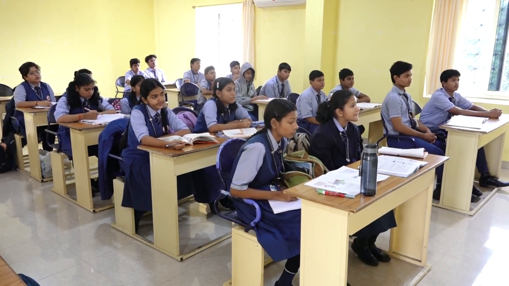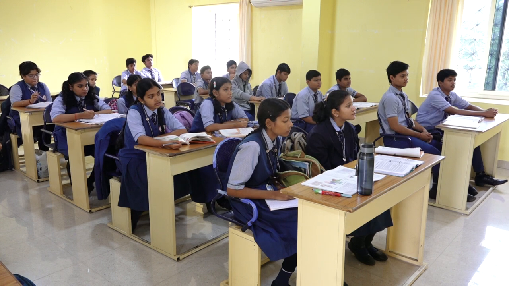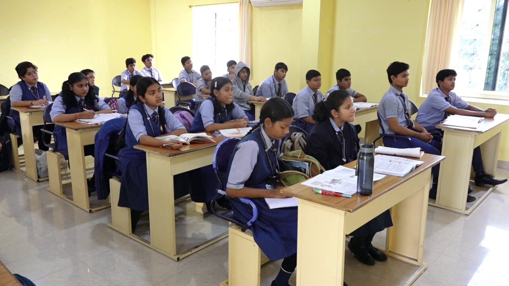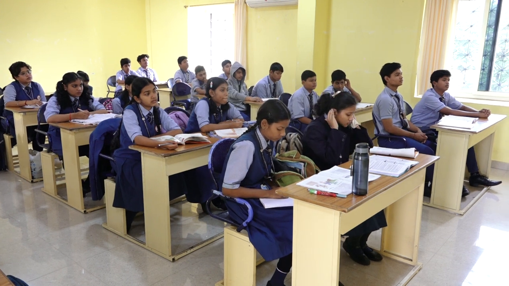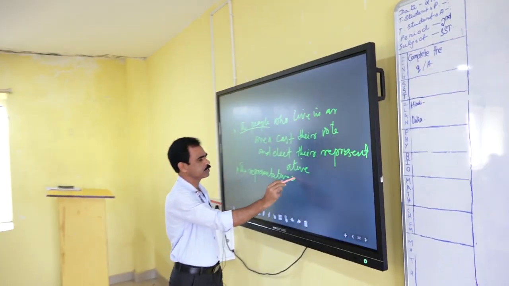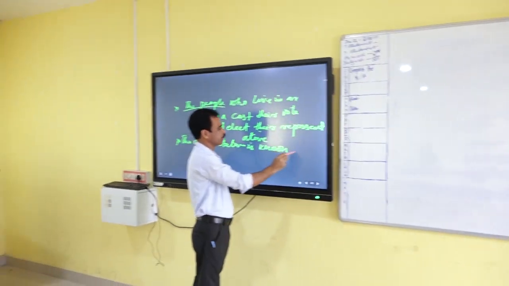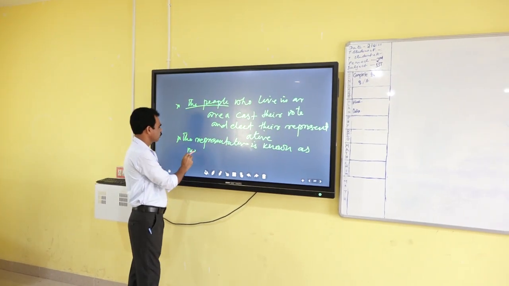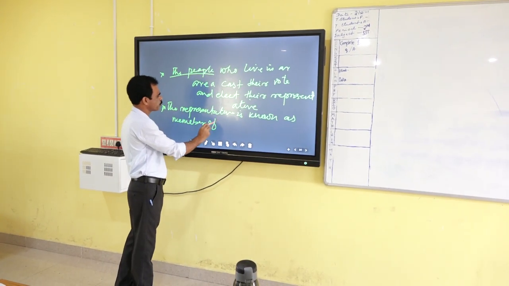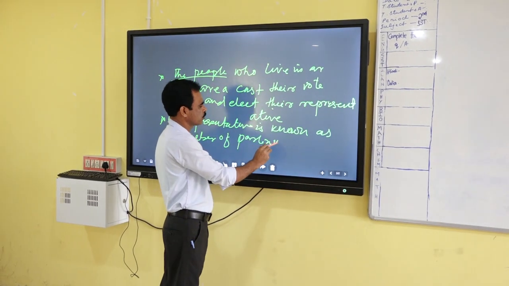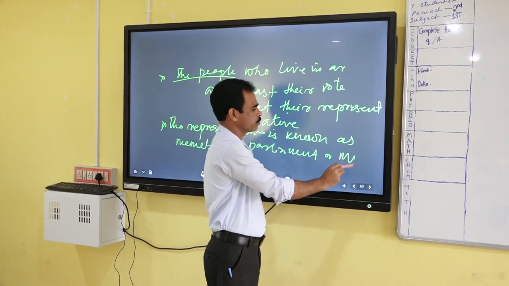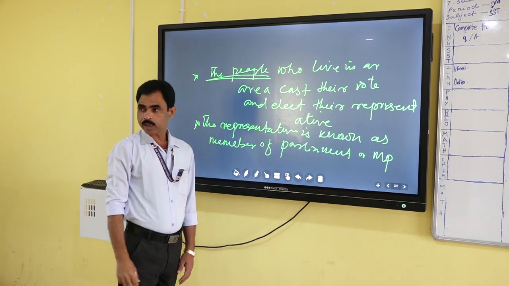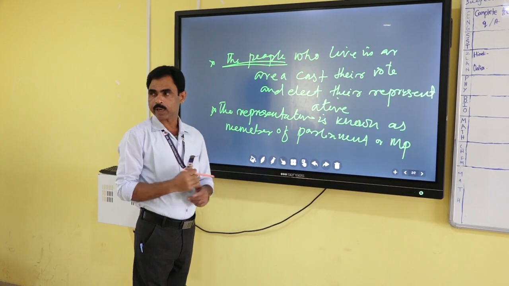And the people who live in an area cast their vote and elect their representative. The representative is known as member of parliament, or MP. Okay, clear?